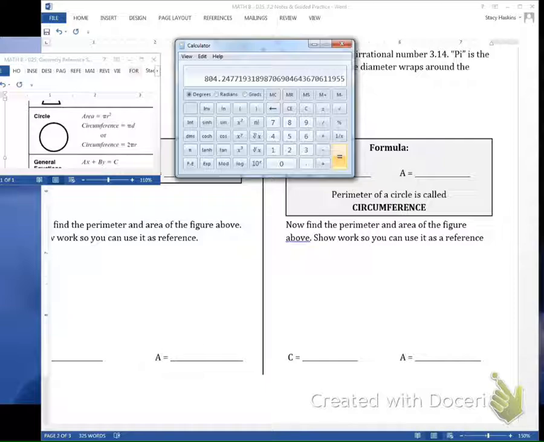There I get 804.2477. Let's round that to the nearest whole unit. What do you get? So when you round to the nearest whole number, you're looking for that decimal point, and what number comes before the decimal? I see a 2 there.